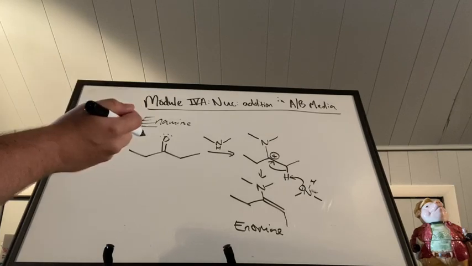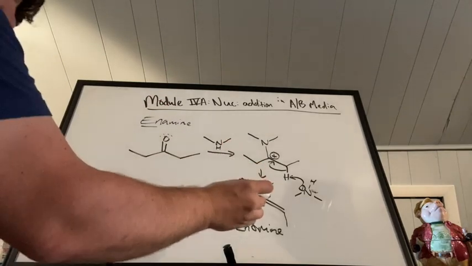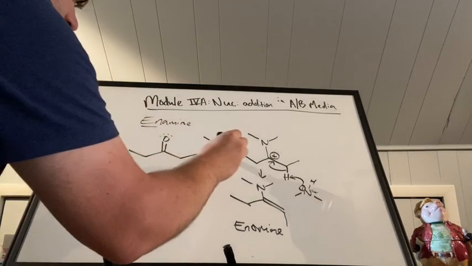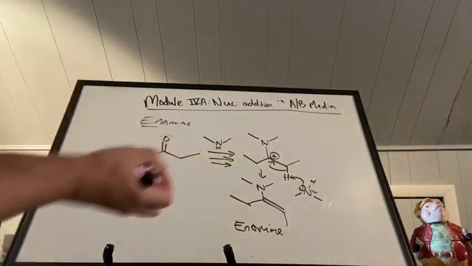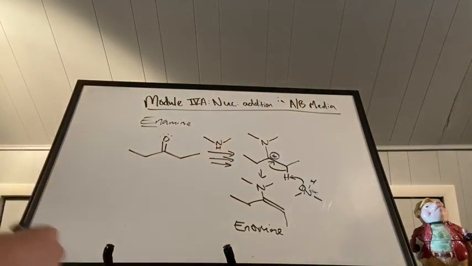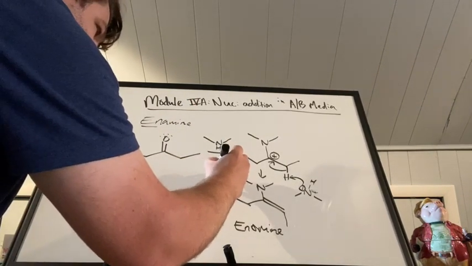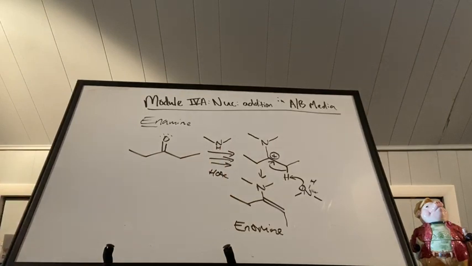Okay, so once again, you go through several steps like you saw before. You have that leaving group of water that gets protonated. Again, this is still going to be under weakly acidic conditions. So that's something to remind yourself.